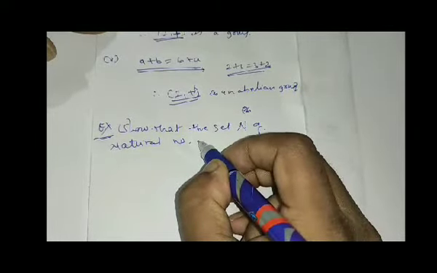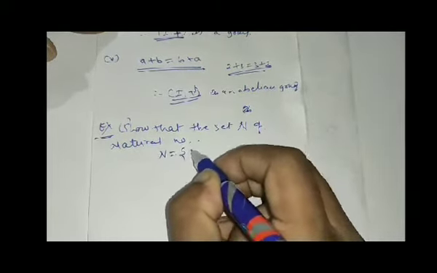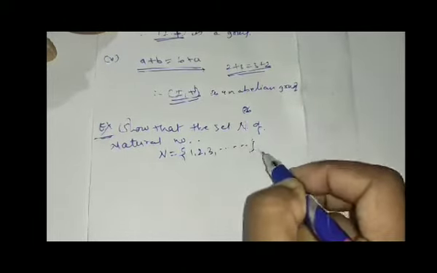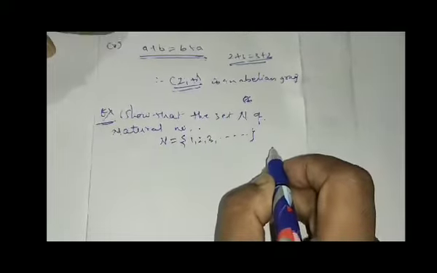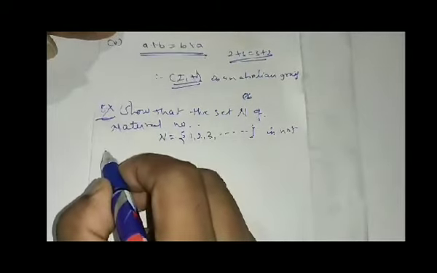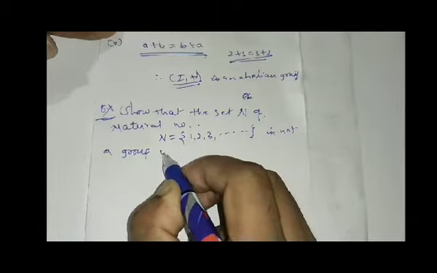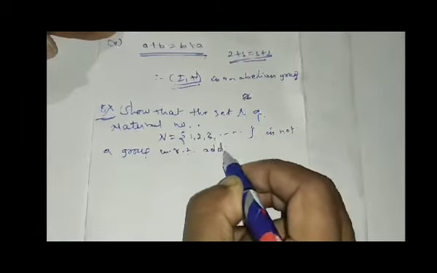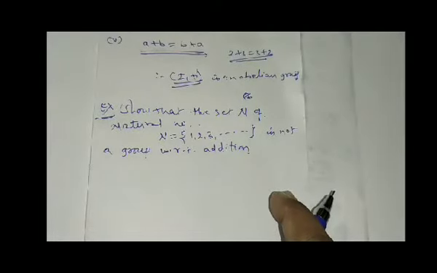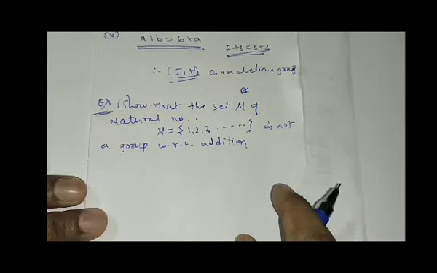So student, you know that the set of natural numbers starts from 1, like 1, 2, 3, and so on. This is not a group with respect to addition.